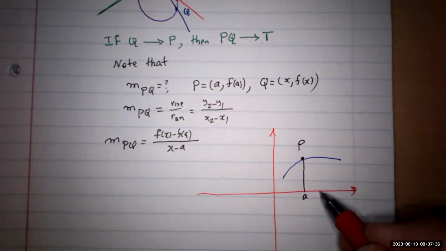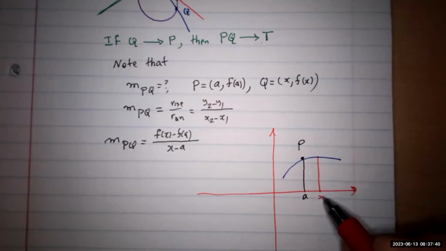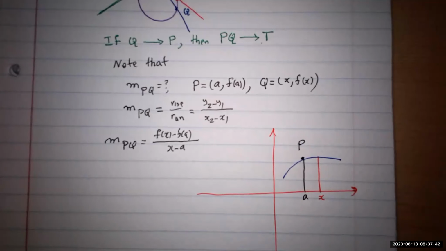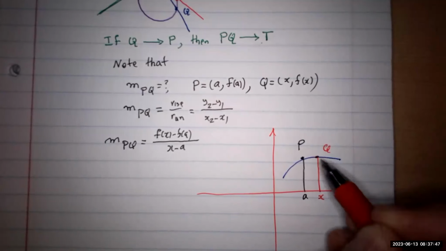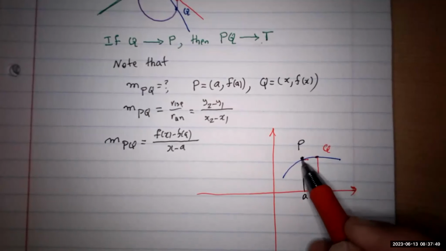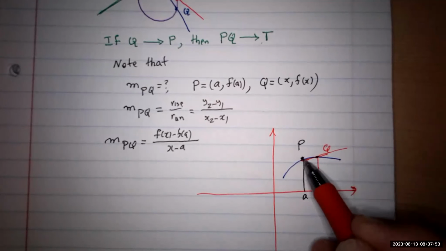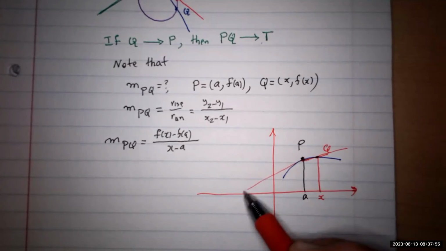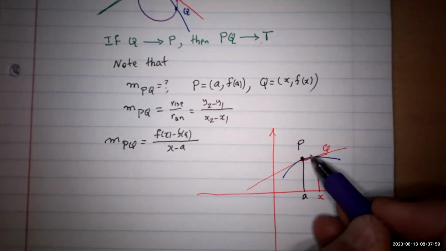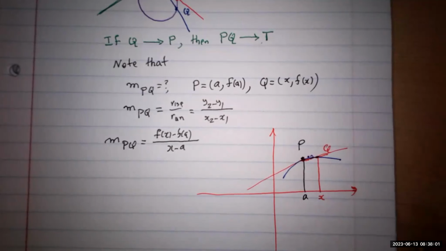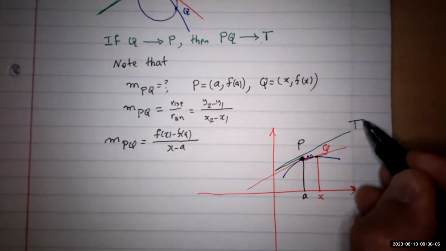This is your Q, and that is the secant line in this case. We move it closer and closer, and eventually we get that tangent line.